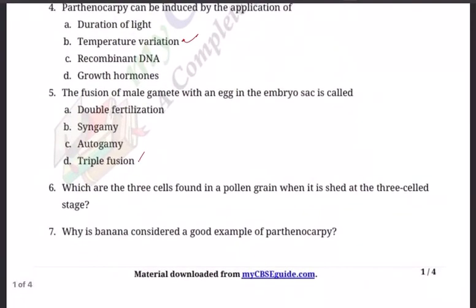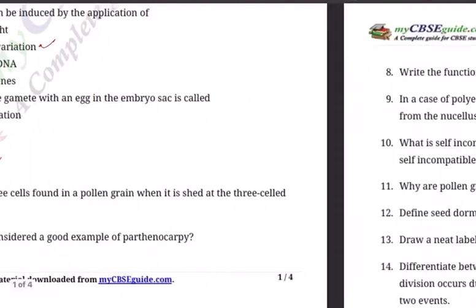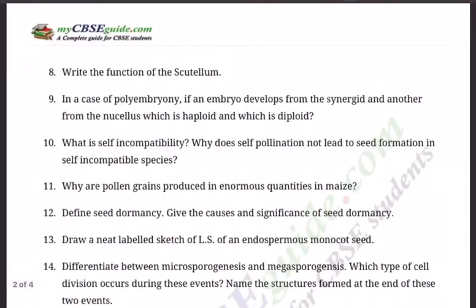Now question 6: which are the 3 cells found in a pollen grain when it is shed at the 3-celled stage? Question 7: why is banana considered a good example of parthenocarpy? Why is it a pseudofruit? Question 8: write the function of scutellum.